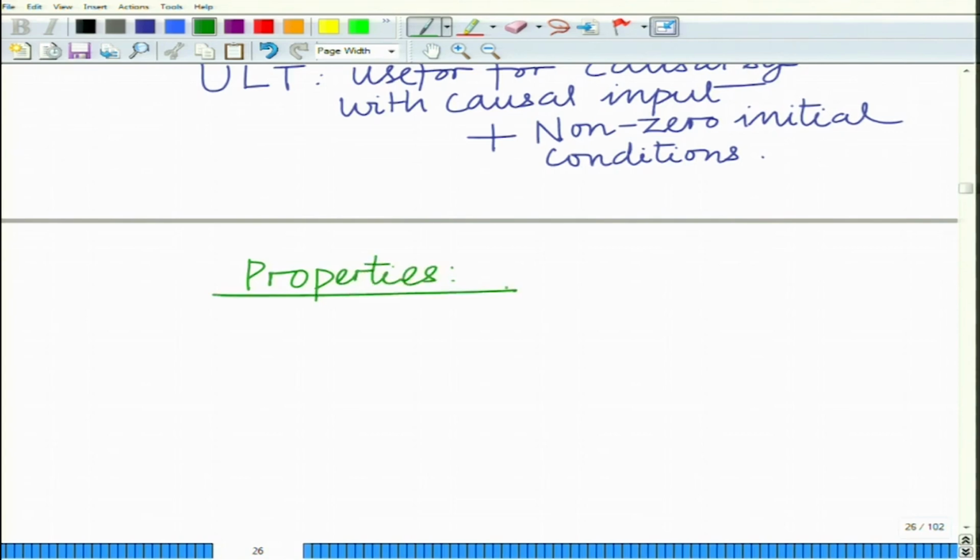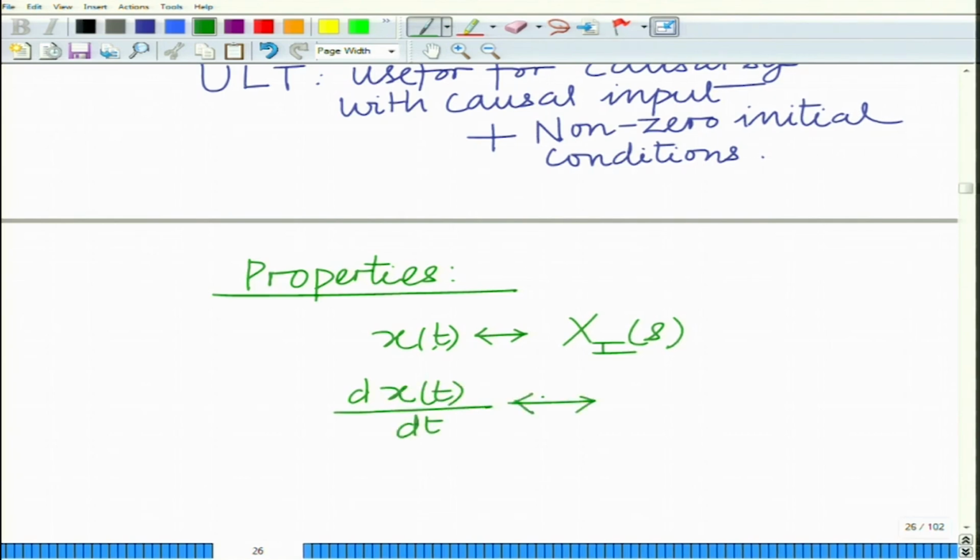Alright, now some of the properties of this unilateral transform are as follows, slightly different from those of the bilateral Laplace transform. So, let us say the signal x(t) has unilateral Laplace transform X_I(s), then dx(t) over dt, the derivative, has Laplace transform sX_I(s) minus the value of the signal x at 0 minus.